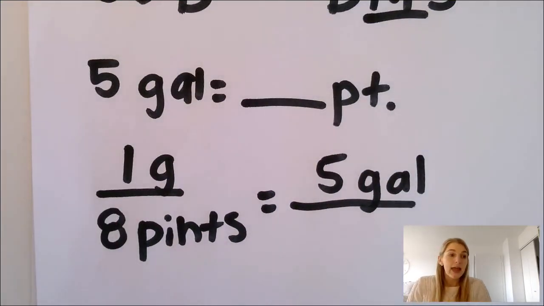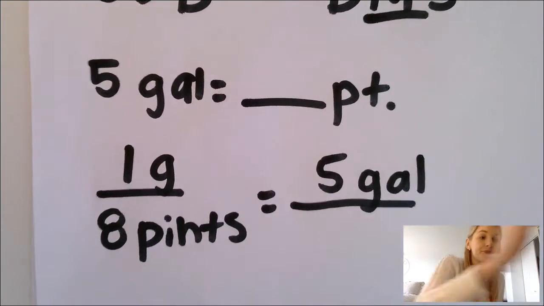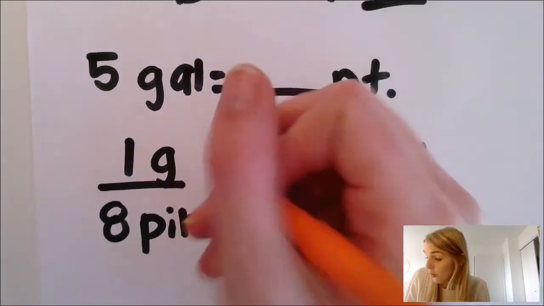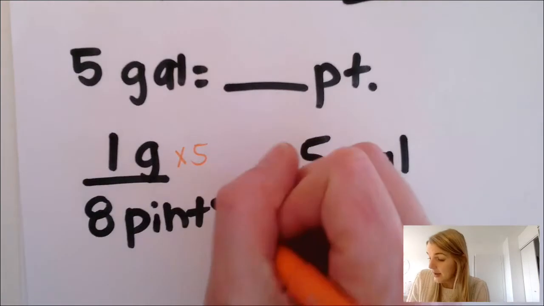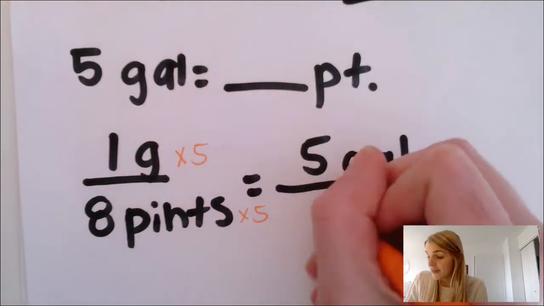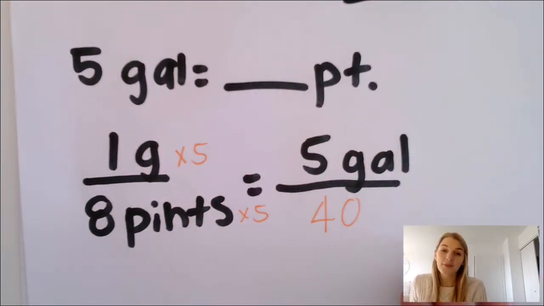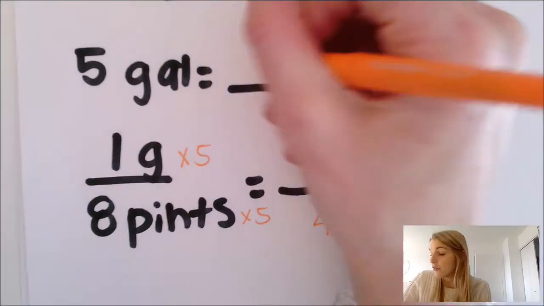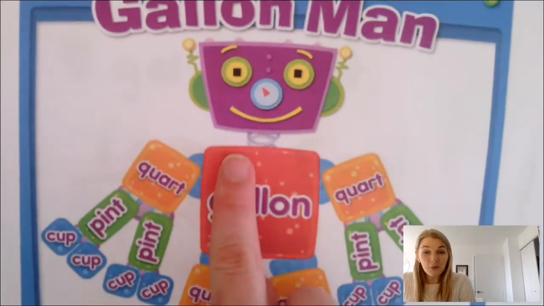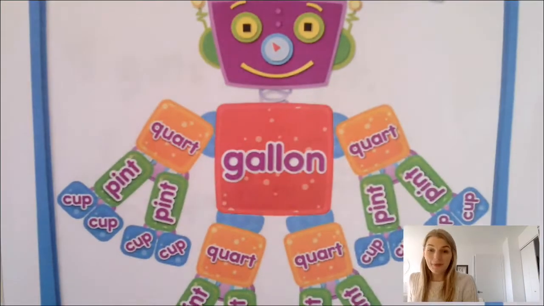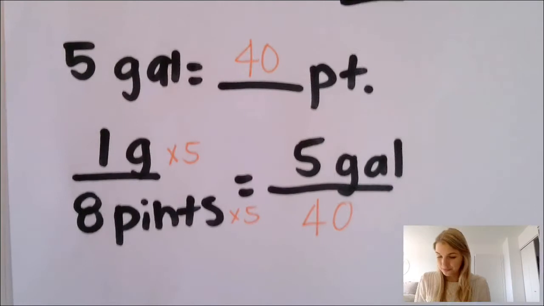So let's see, how did we get from 1 gallon to 5 gallons? Well, I know that 1 times 5 is 5, and 8 times 5 is 40. So that means that there are 40 pints in 5 gallons, which means if I had 5 of these big ones, I would need 40 pints to make that up.